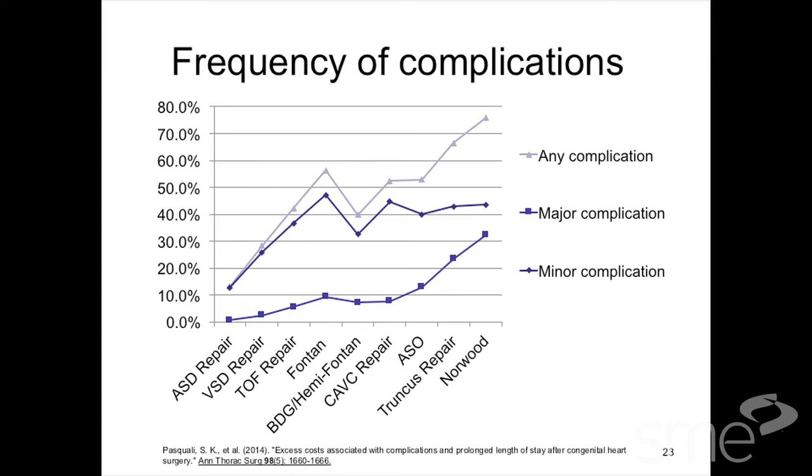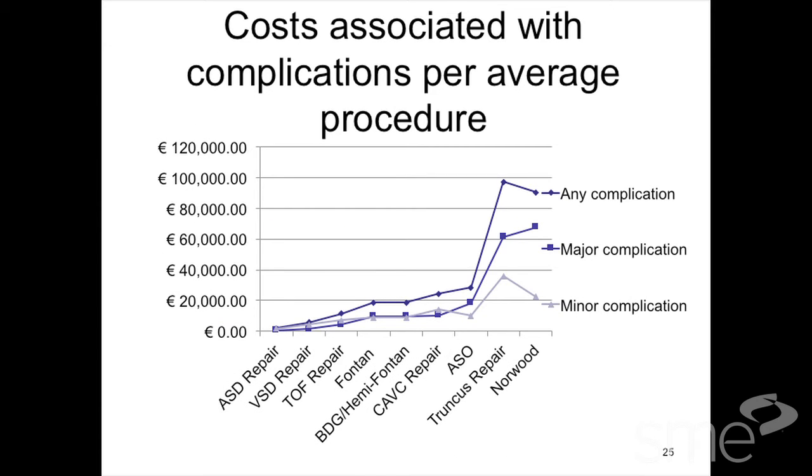So if you can see, for example, for Norwood procedure, the complication rate is over 75%. The same author also compared the costs to the complications, and we also can see the rising trend here. Again, for example, you can have way heavier cost for the more complex procedures.